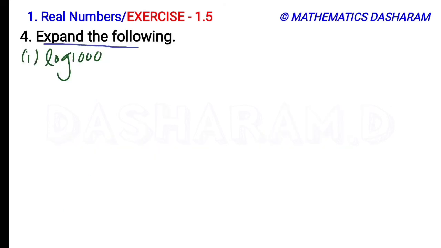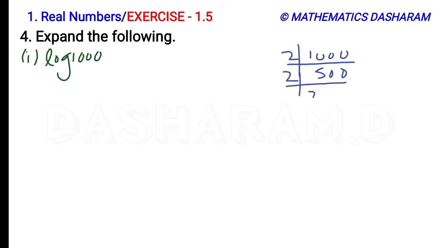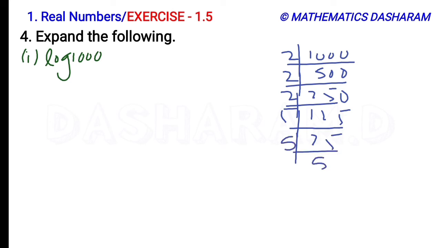Fourth bit, expand the following. First question, log 1000. The factorization of 1000 is 2 cube into 5 cube.